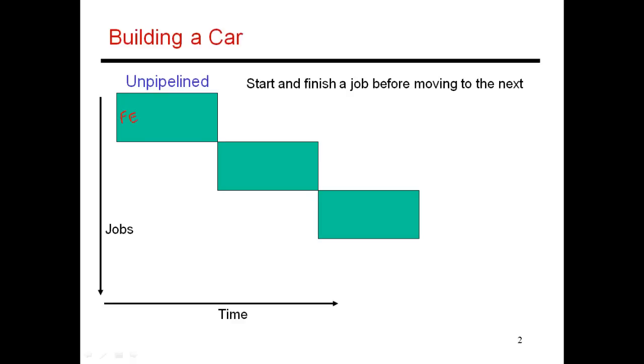First I fetch an instruction, then I decode that instruction, and finally I execute that instruction. Only after I've finished one instruction in its entirety do I start to work on a second instruction, right? And so then I start doing fetch and decode and execute for instruction number 2. Again, there's no parallelism over here.